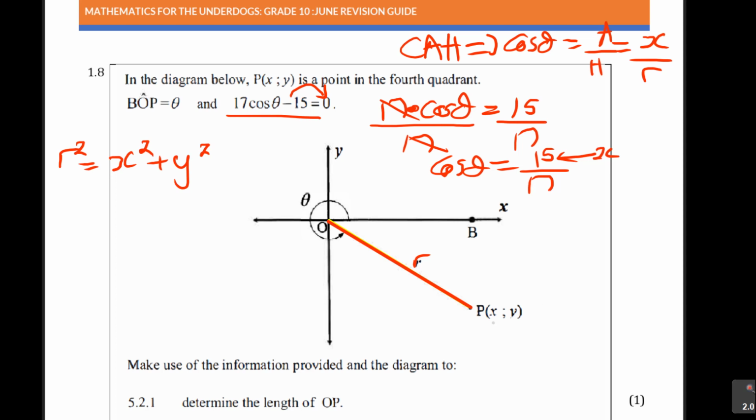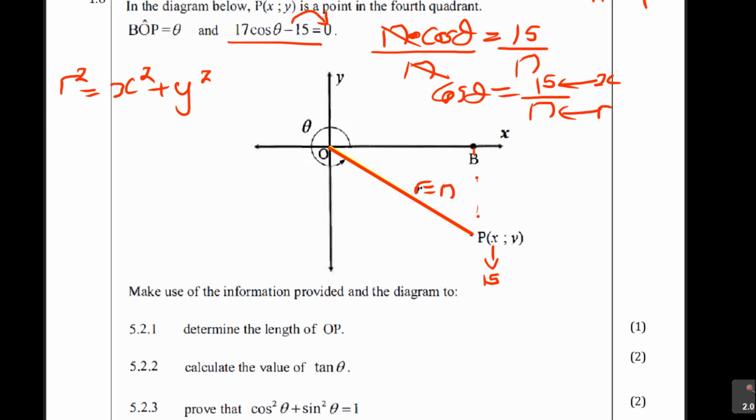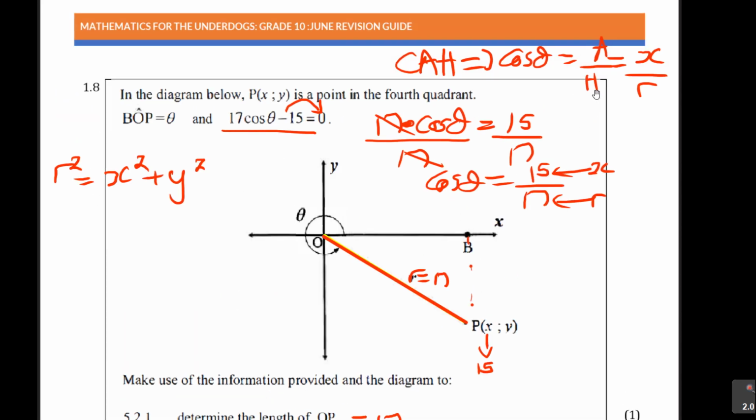So here where there is X, you can see that I got 15 and it's positive, so it makes sense. And then what about Y? I don't know Y yet. And then this is my R. So you can see that R is 17. That's why it was 1 mark. They say determine the length of OP. OP is equal to what? 17. See, from just understanding this SOHCAHTOA thing.